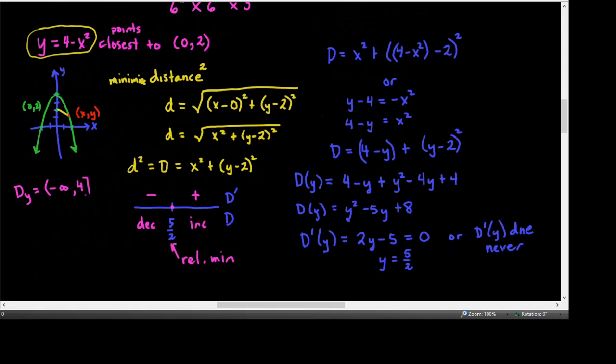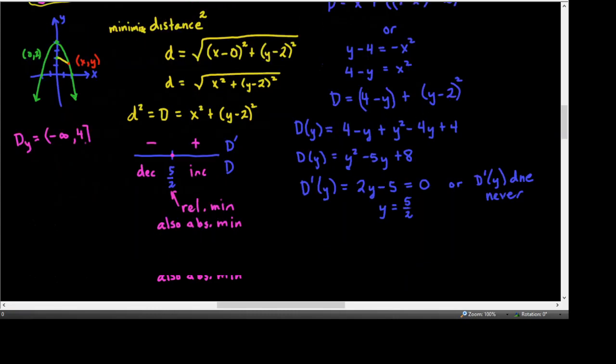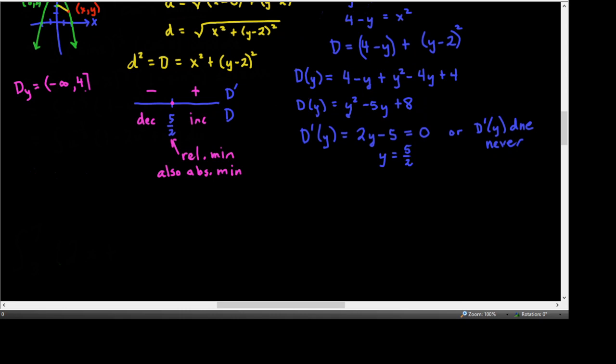So if before 5 halves it's always decreasing, and then after 5 halves it's always increasing, that is, 5 halves is our only critical number in the domain, that relative minimum is actually also the absolute minimum. And that's what we're looking for, is minimizing d, and that occurs again when y is 5 halves. So we're going to let y be 5 halves as an answer.